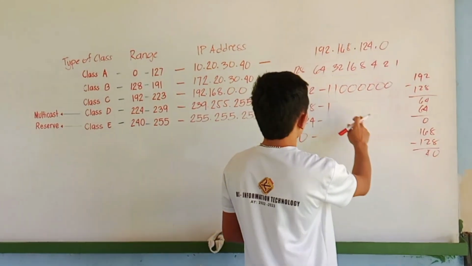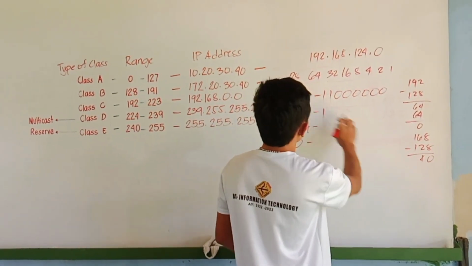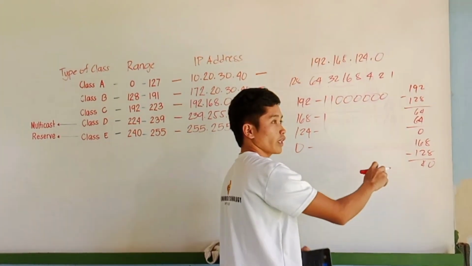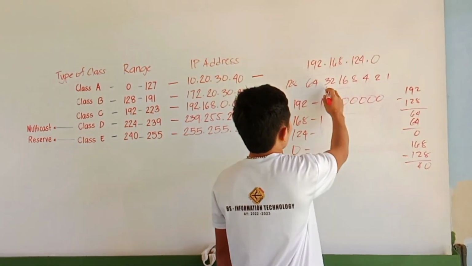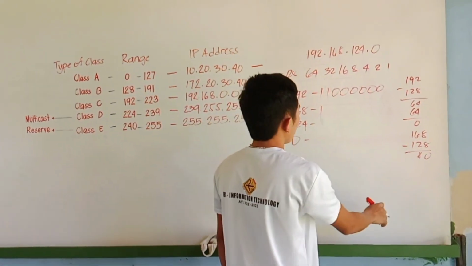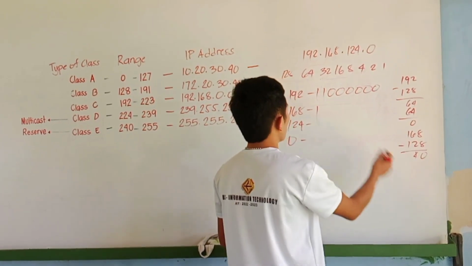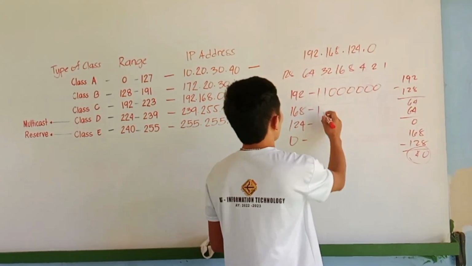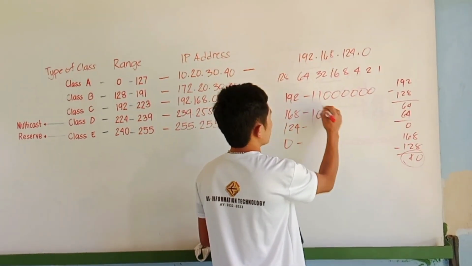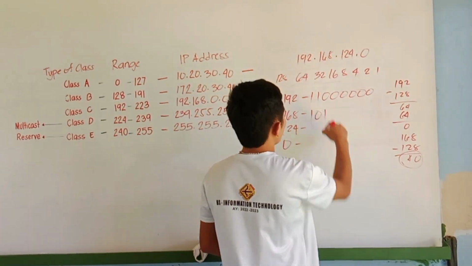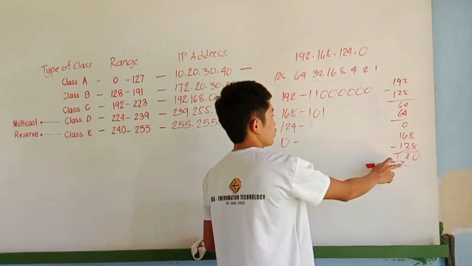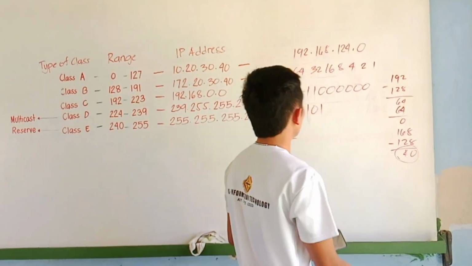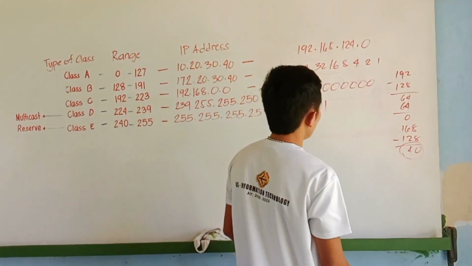Then 64 is greater than 40, so we could not use that. But 32 is smaller than 40. That's why we put 0 for the 64, then 1 for the 32. So we subtract 40 minus 32, which is equal to 8.